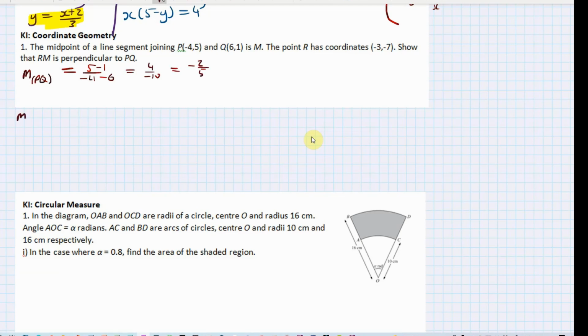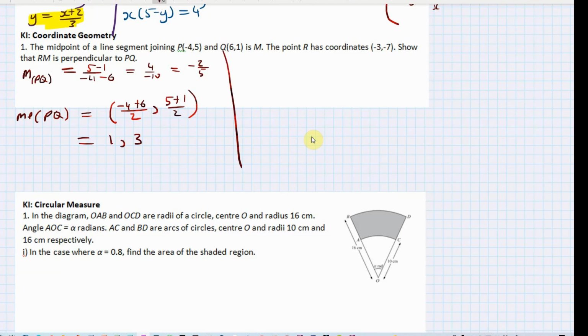Now I'm going to do the midpoint of PQ, which is where M is. So we add the x's together and divide by 2, and then we add the y's together and divide by 2, and we get 1, 3. So that's the midpoint. Alrighty then.